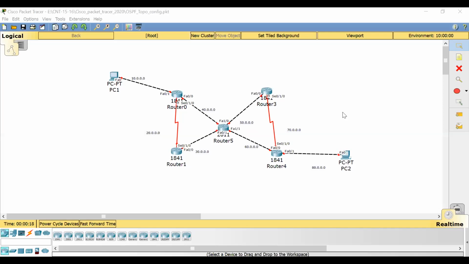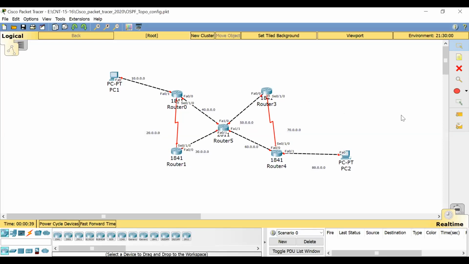Now you can observe here that I have designed one topology where multiple areas are used and OSPF is not yet configured. Only IP I have given. Just to boot this topology, OSPF is not configured here. So I will tell you how to configure OSPF.